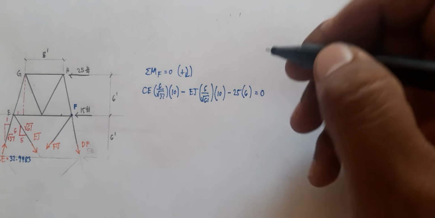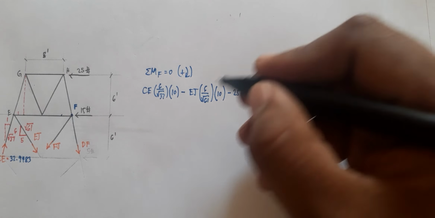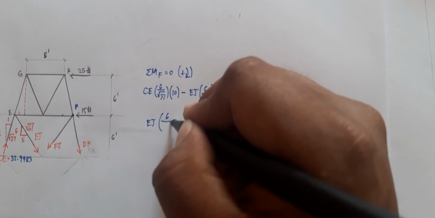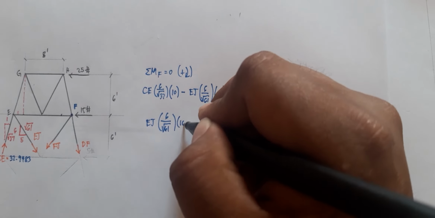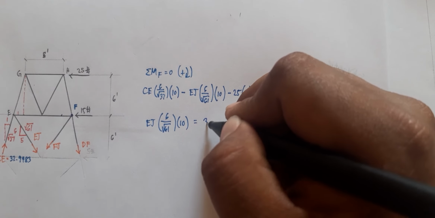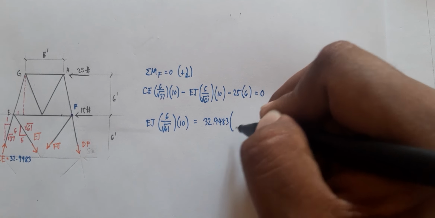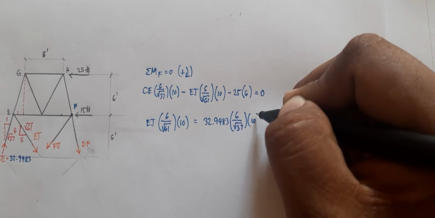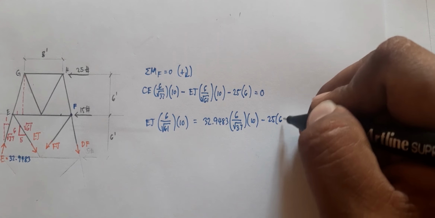Okay? So, with EJ as your only unknown, transpose it to the other side of the equation and substitute values. You have EJ times 6 over the square root of 61 times 10 equal to CE, that is 32.9483 times 6 over the square root of 37 times 10, and then minus 25 times 6.